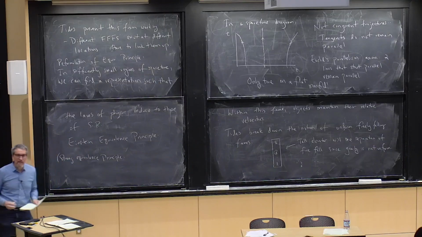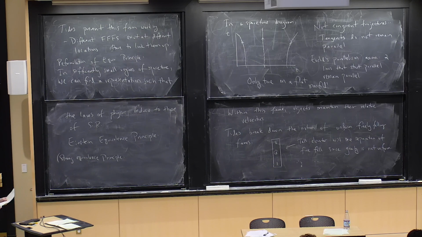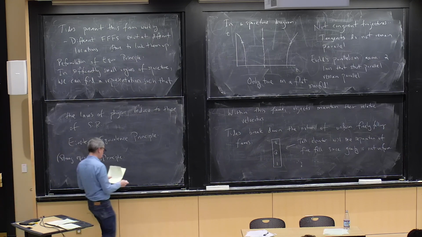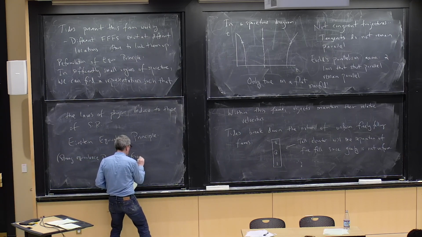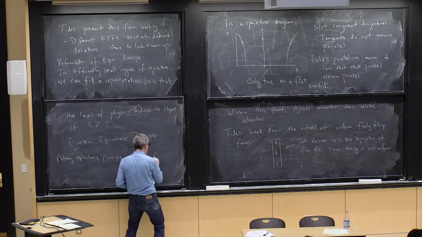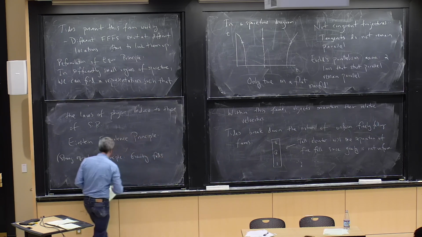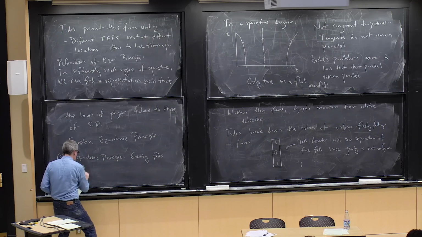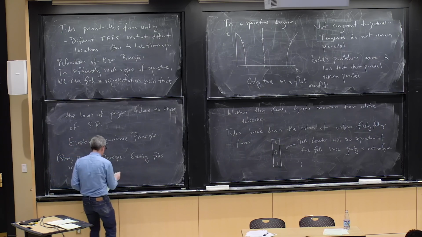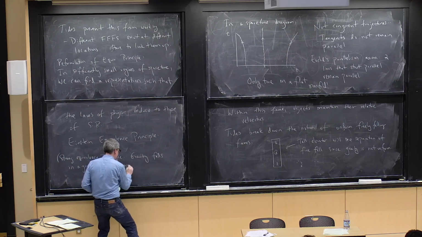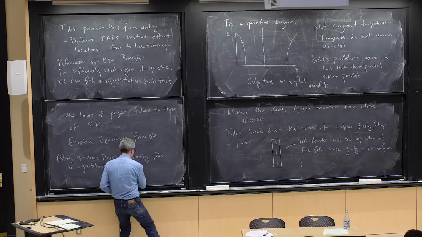We're not going to talk about this very much, but I'm going to give it to you because it's just kind of cool. It tells me that gravity falls in a gravitational field in a way that is indistinguishable from mass.